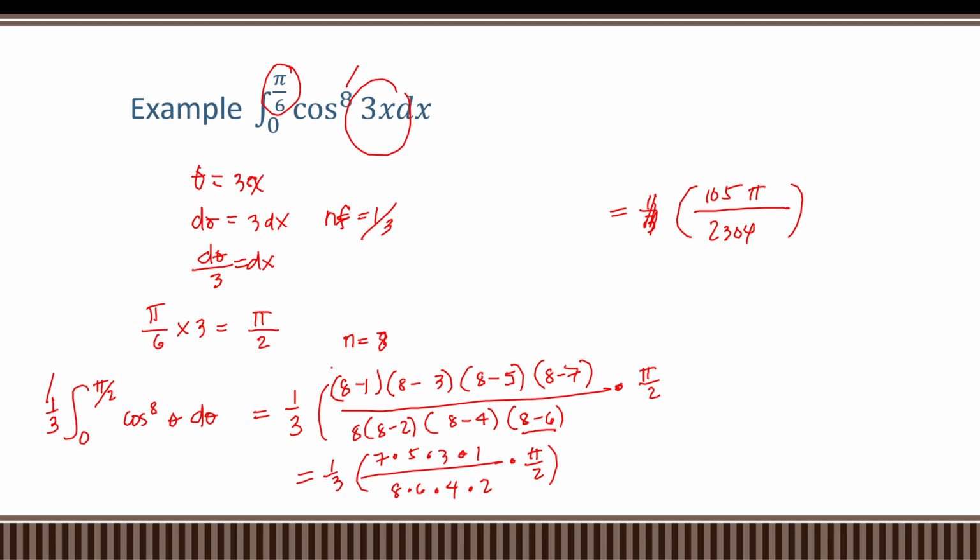Then 105 divided by that, the answer is 35 pi over 768. So this is the answer for this one. That's the example from 0 to pi over 6 that we transformed. The upper bound is now pi over 2.